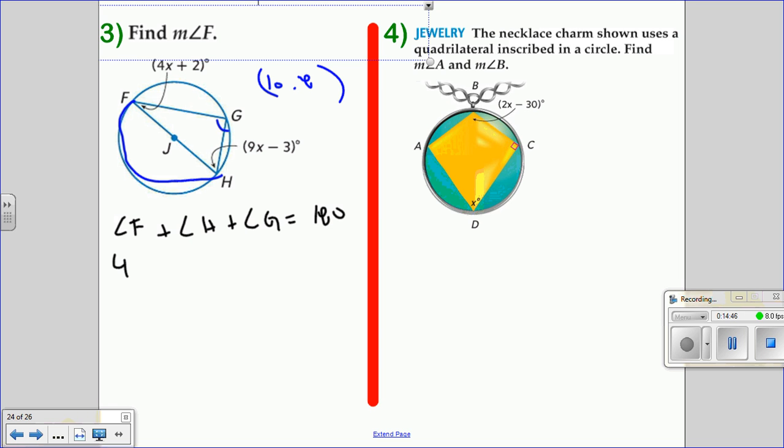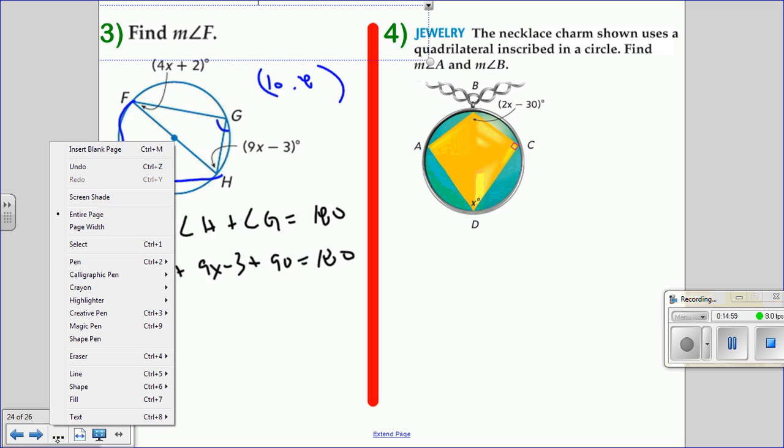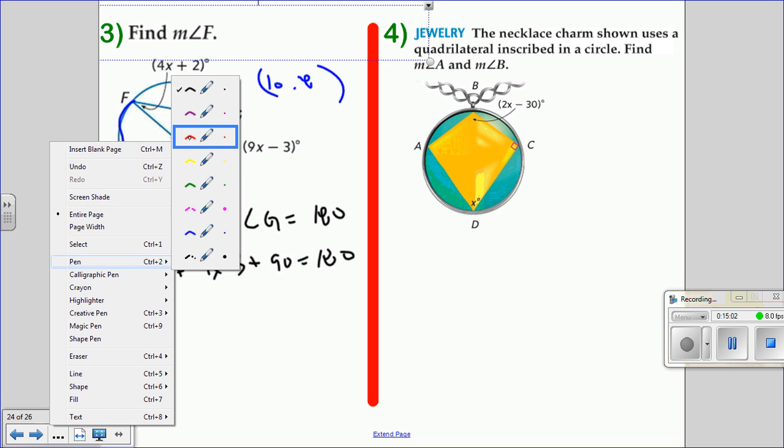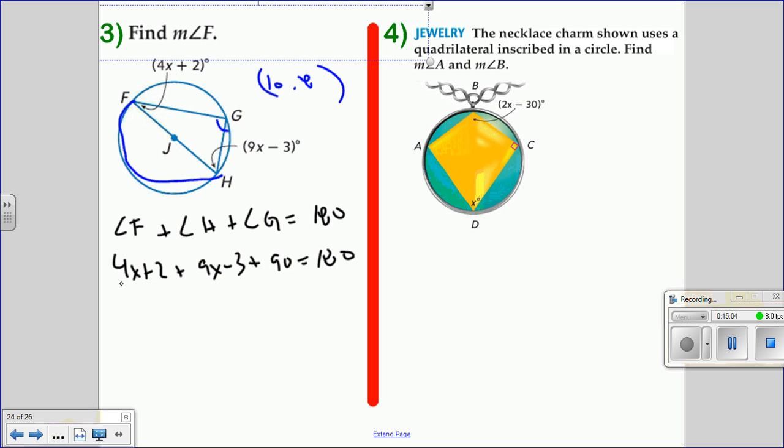F is 4x plus 2, H is 9x minus 3, and G is 90, according to theorem 10.8. Now let's start combining like terms so we can isolate x. 4x and 9x would give us 13x. 2 minus 3 is negative 1. Negative 1 plus 90 is positive 89.